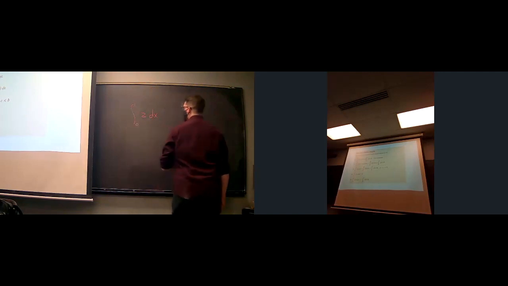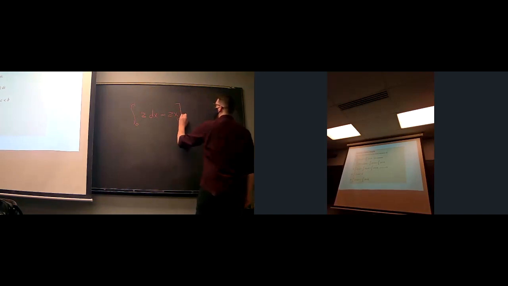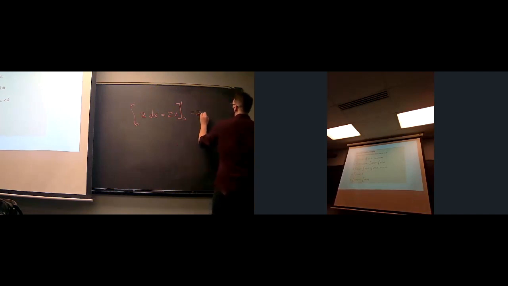And finally, this last property is saying, let's imagine we want to integrate from 0 to 1. This is going to come out to be 2x from 0 to 1. That's going to be 2 evaluated at 1 minus 2 evaluated at 0.